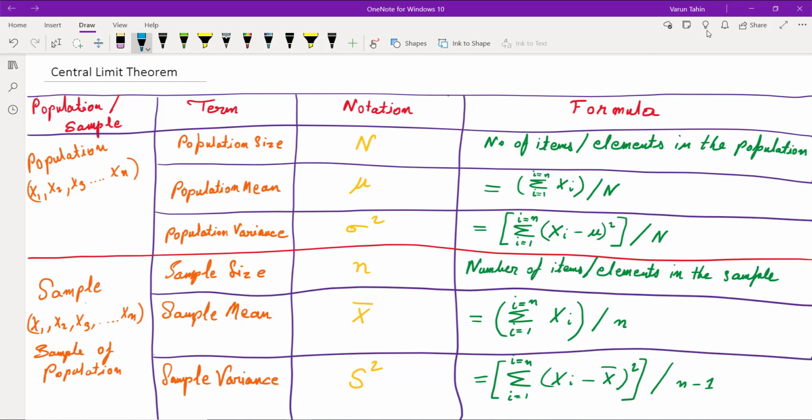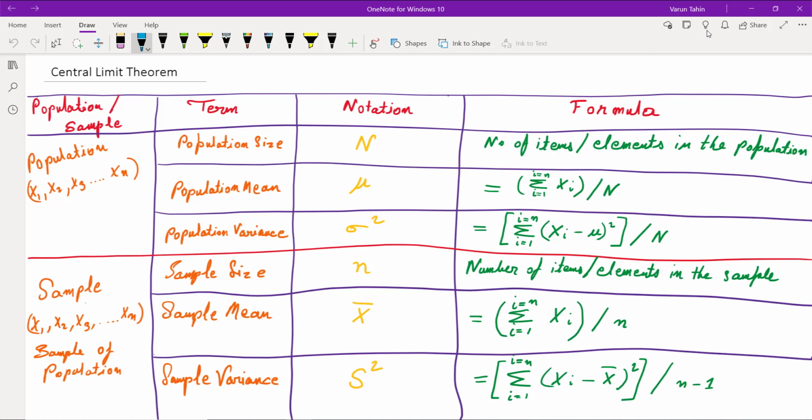Now coming to samples, the sample size we will denote by small n, which is the number of items or elements in the sample, and the sample mean will be x bar, which is calculated just like the population mean, but instead of taking the population size in the denominator, we take the sample size. Then the sample variance, denoted by capital S square, is again calculated just like the population variance.